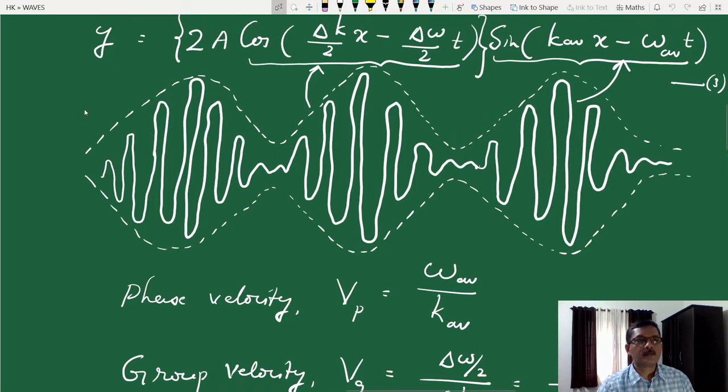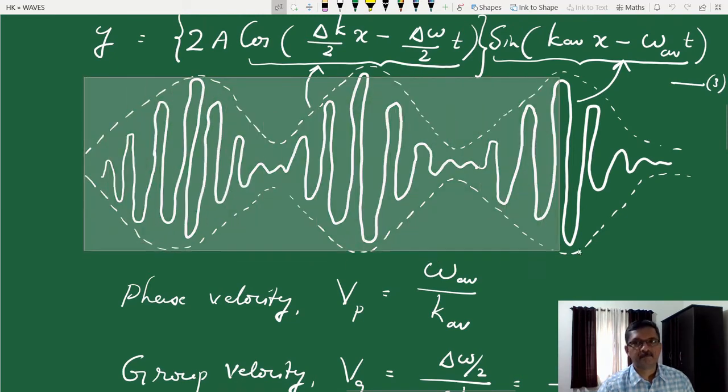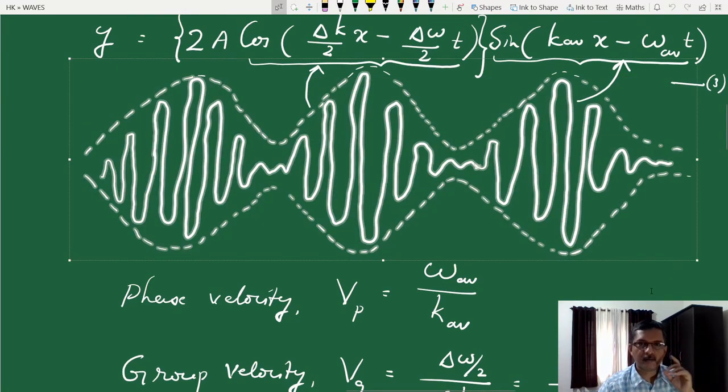This type of a resultant wave with slowly varying envelope, slowly varying resultant amplitude, or an amplitude modulated wave, this is called beats. This phenomenon is observed in the case of sound waves. It can be easily observed in the case of sound waves when, let us say, two tuning forks with slightly different frequencies are vibrated together, excited together, then we can hear this slowly varying resultant wave.